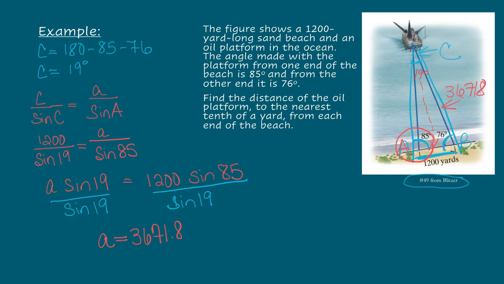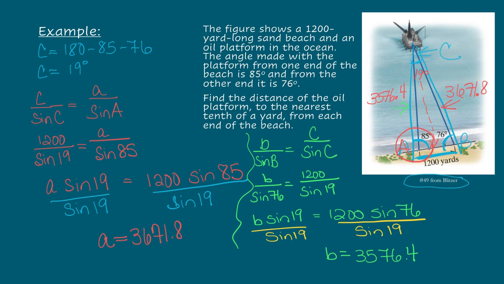Now, if I want the other distance, I'm going to need to set up a different ratio. So I still need to find this distance. Why don't you go ahead and pause the video and see if you can set up a ratio and solve for side B. Okay, so we should have set up a ratio of B over sine B equals C over sine C, so B over sine 76 equals 1,200 over sine 19.